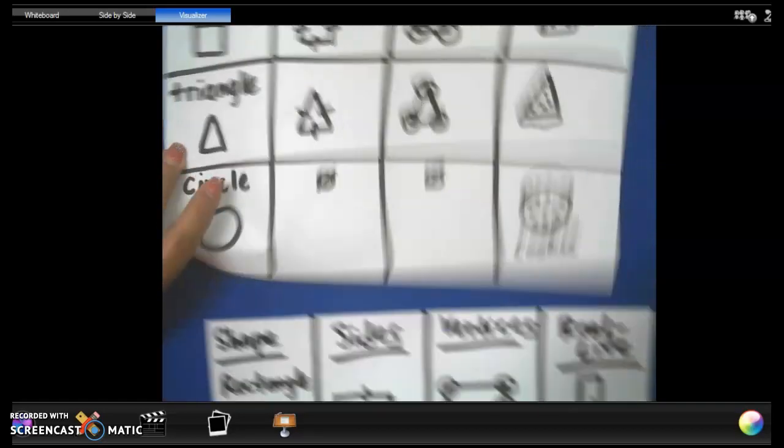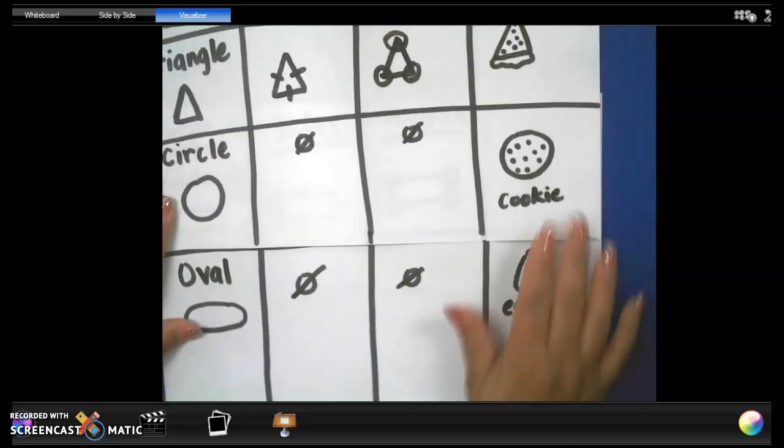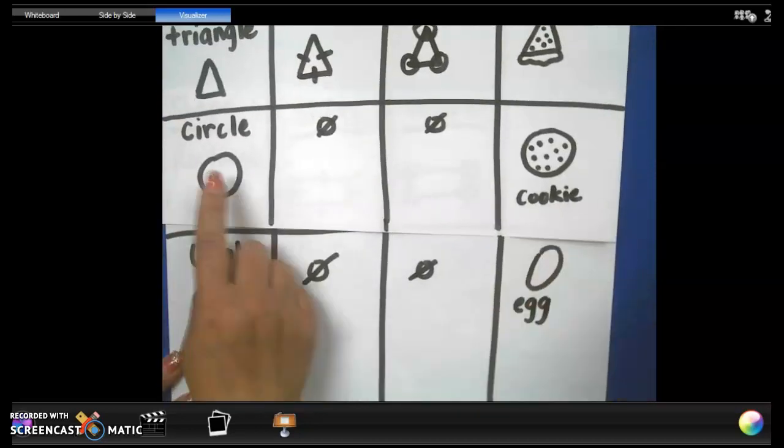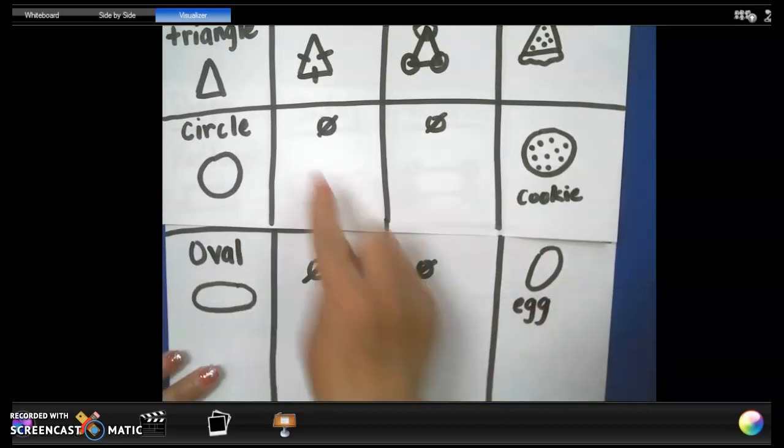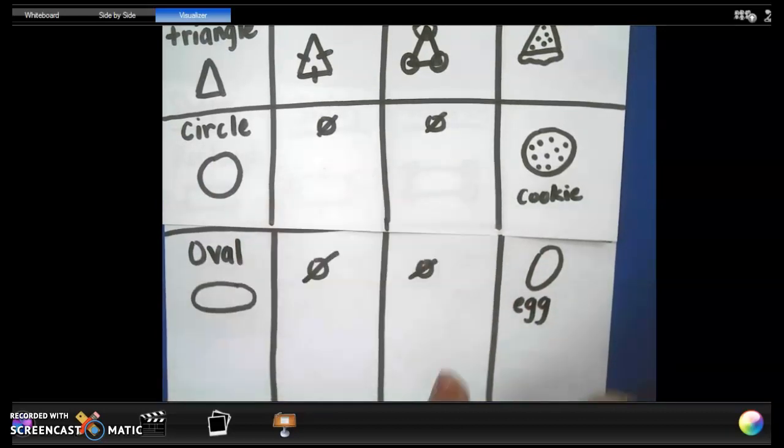And then we talked about the oval, that it kind of looks like the circle, but the circle is really round and the oval is kind of stretched out. We learned that both of them have no sides because they're all circular or curved. We learned that they have no vertices or points or corners because they're all round, and that the egg in real life looks like an oval.